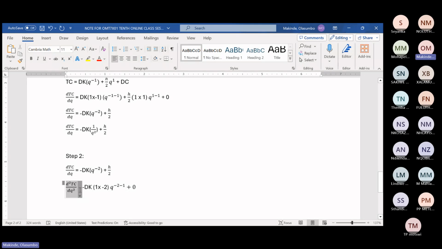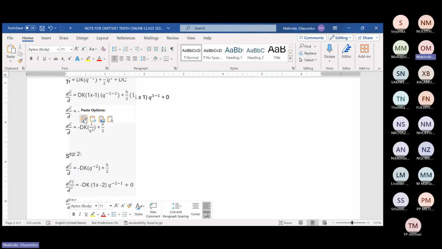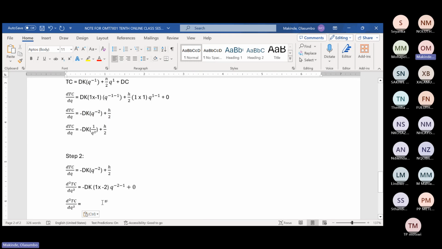And mathematically, if you simplify this now, let's go and see whether that d squared TC over dQ squared will be a positive expression. If yes, it means that the Q we are going to get from the dTC/dQ would minimize the cost. And that's the essence of running this test. So mathematically, this will give you minus DK times minus 2, that will give you 2DK into bracket Q raised to minus 3.